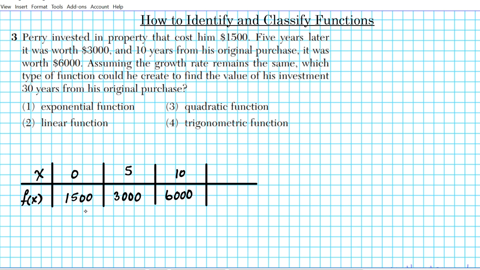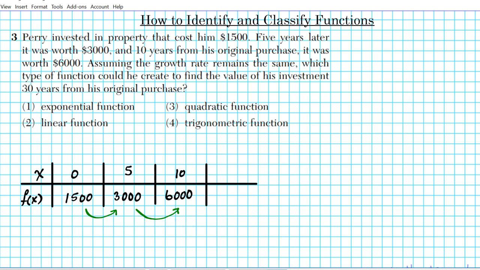Let's see. If it's repeated addition, you add 1500 to this right here. That gives you 3000, check. If you add 1500 to this right here, that will give you 4500. That's a fail. Ladies and gentlemen, it is not repeated addition.